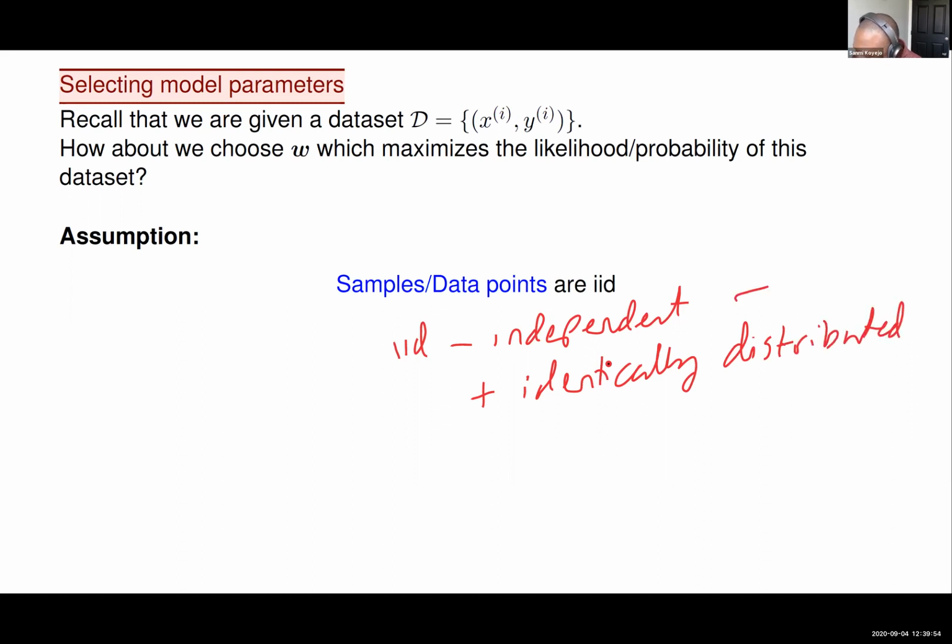So independent means that all the data points are independent of each other, conditioned on the input. Each data point has independent distributions. Identically distributed means that they all have the same form of distribution. So data point 1, data point 2 come from the same model, if you like.